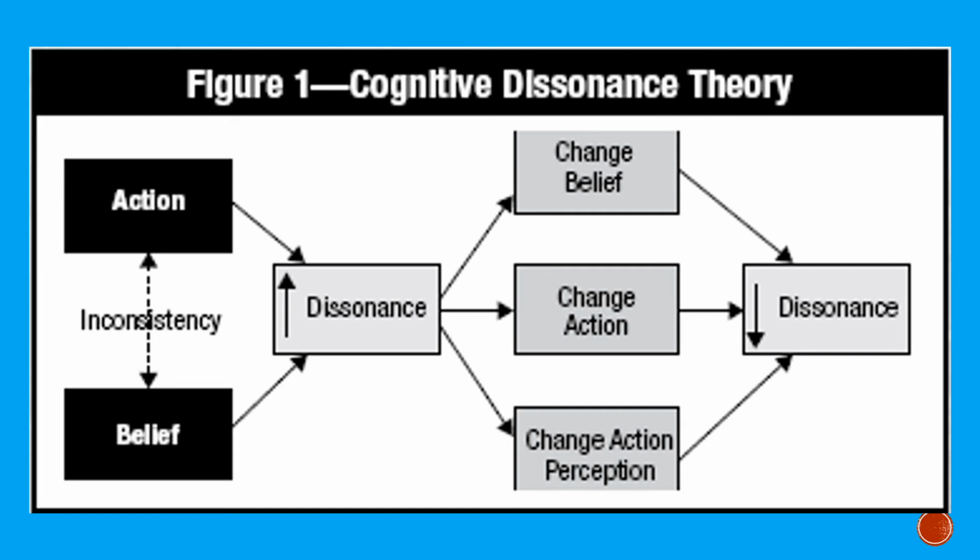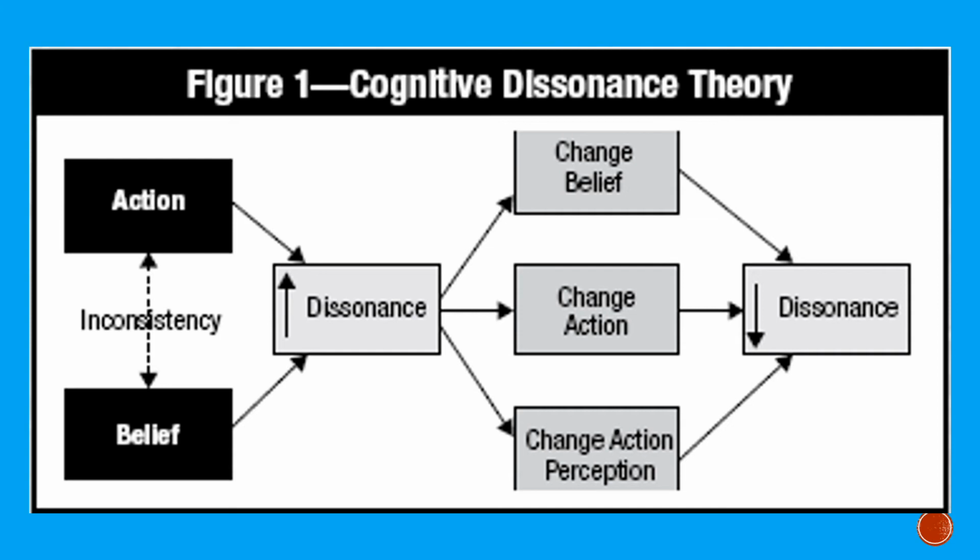This will create dissonance. And there are different ways to reduce dissonance. You can change the belief, or you can stop the behavior, or you can change your perception of the relationship between the behavior and the belief, and that will reduce dissonance.